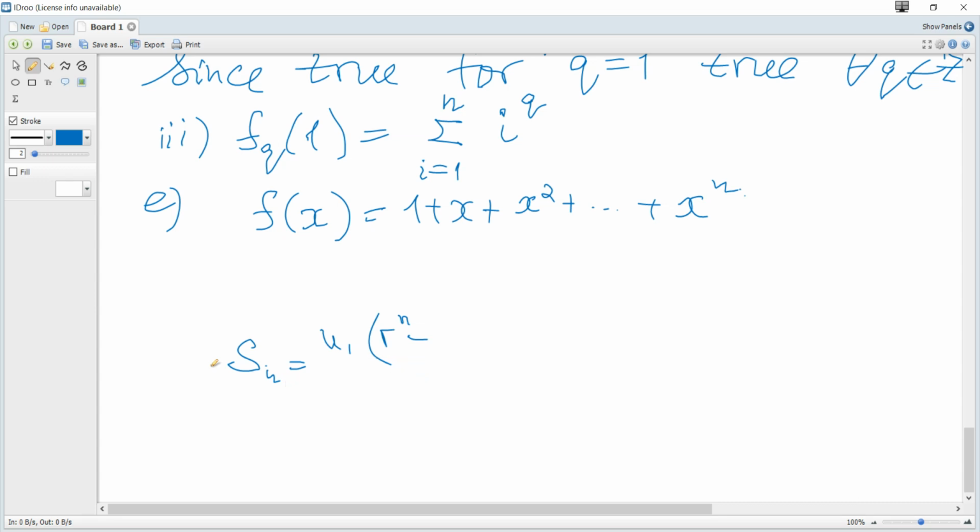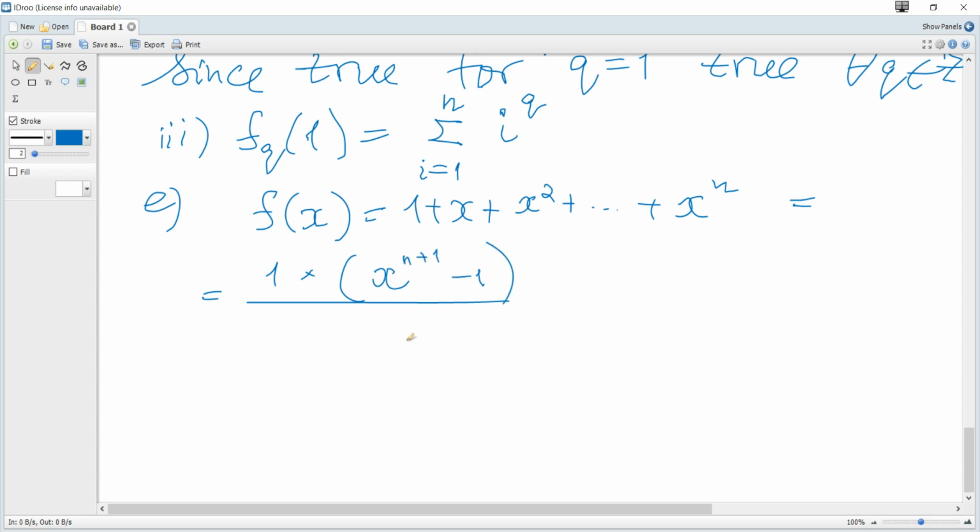And the first term is 1, so according to the formula u1 is 1, the first term. Then the common ratio is x, to the power of n, but n means the number of terms, and here there are n plus 1 terms, so it must be n plus 1 minus 1, and the ratio minus 1, ratio is x minus 1, so it's x to the power n plus 1 minus 1 over x minus 1 as required.